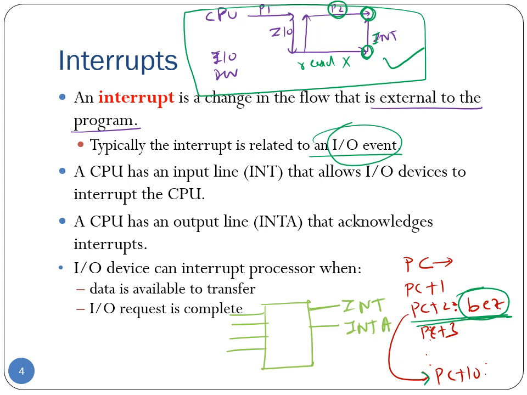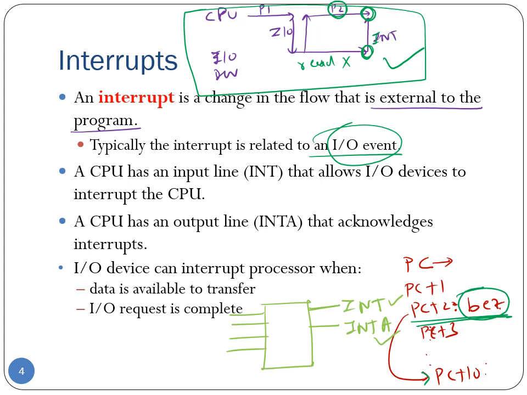So to interrupt the CPU, IO devices will assert a signal on this interrupt line, and the receipt of these interrupts would be acknowledged by a signal on this interrupt acknowledgement line. Typically, the IO devices will interrupt the CPU in one of these two situations. First, let's say the CPU had requested a write operation, and this write is now done.